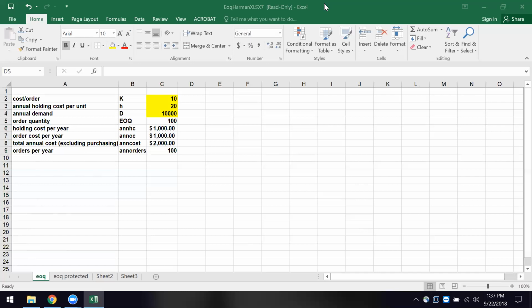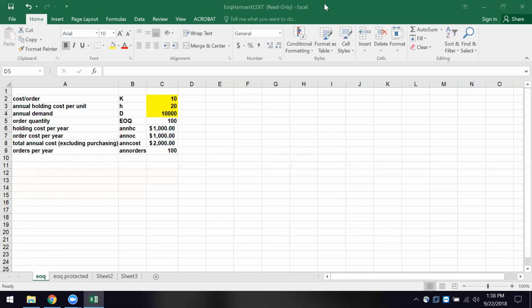Could I get the number of orders lower? And I could, but I'm going to have to be able to receive, that is, have shipped to me, and to store and to handle twice as much stuff. I'll probably need more space, additional people, etc.